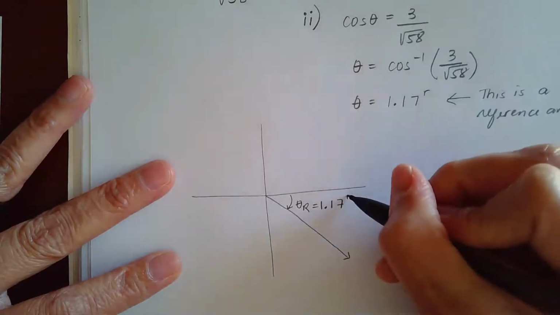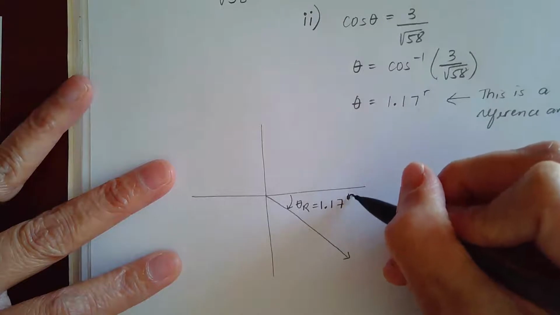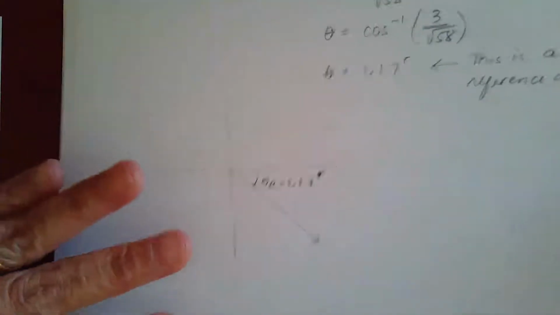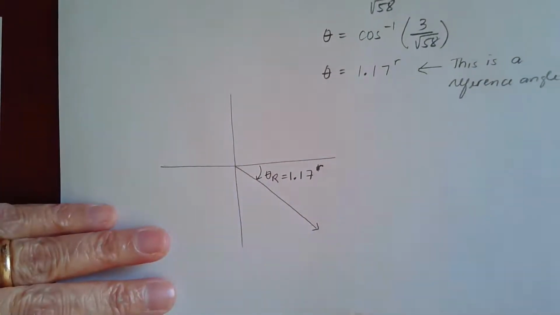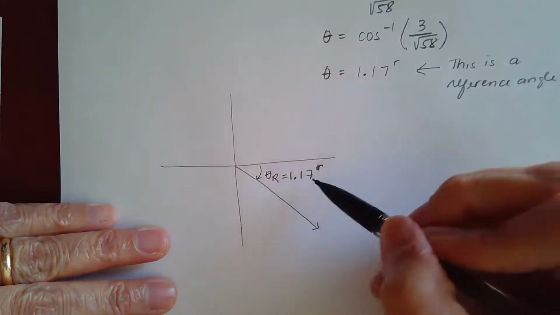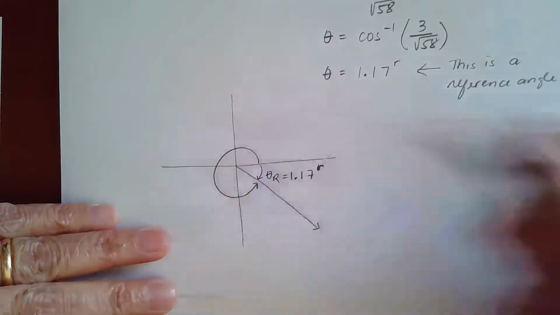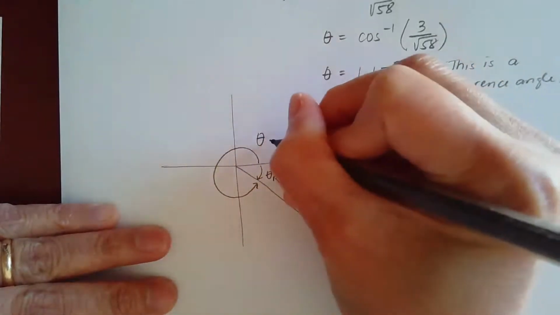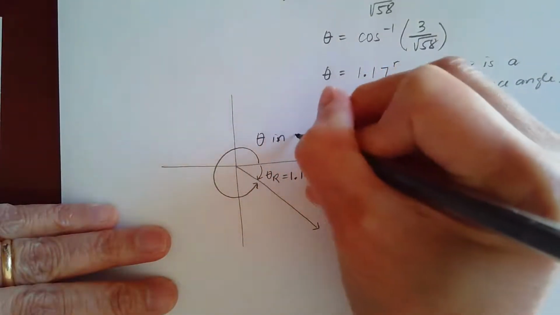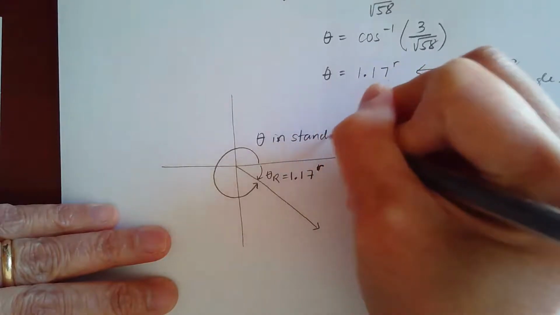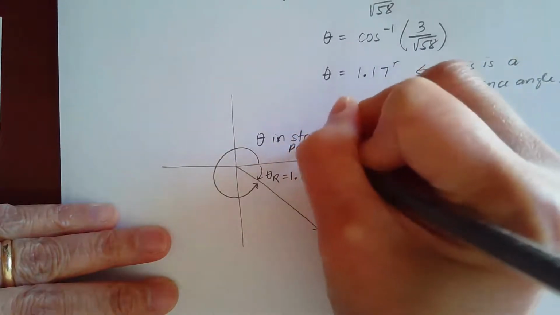It's important that we learn this, the reference angle and the angle in standard position. So if this is a reference angle, how big is it from here to there? This is the angle in standard position.